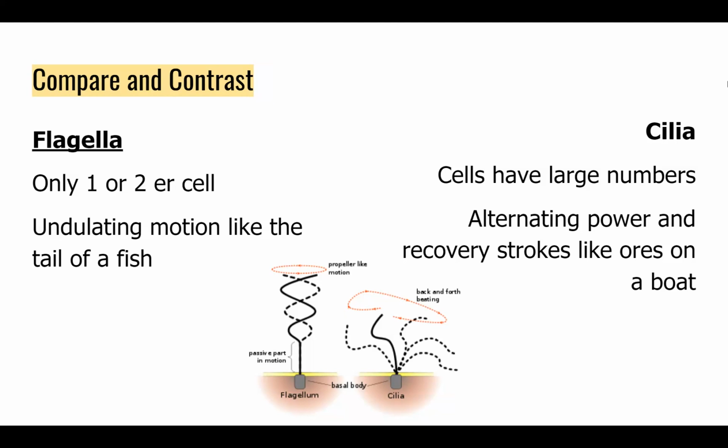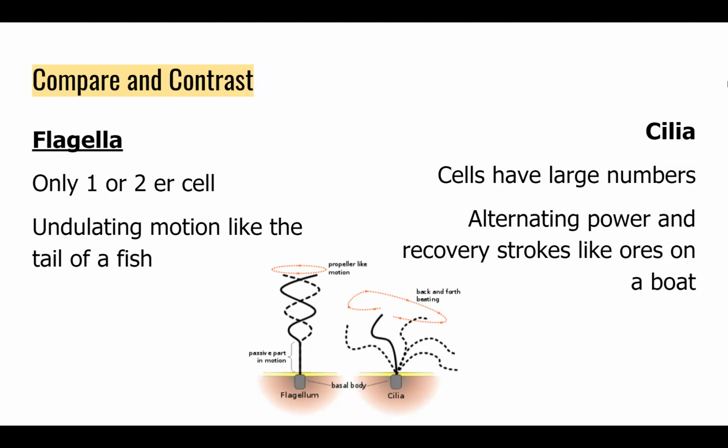But the cilia will do alternating power and recovery strokes. So think about the mechanism of rowing a boat, right? You've got one really, really hard stroke in one direction, and then a nice, easy one in the back, back and forth, and back and forth. So the way they move is really different too.